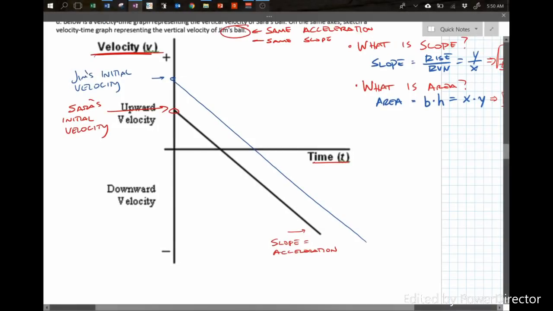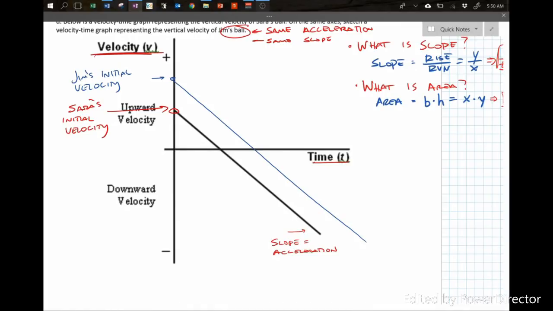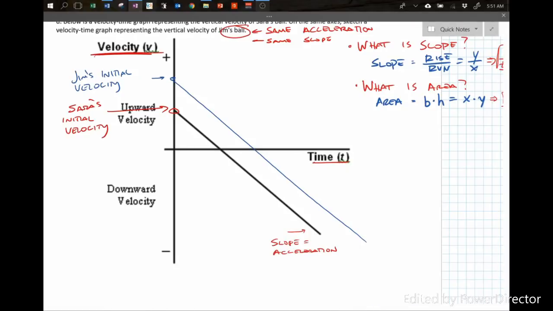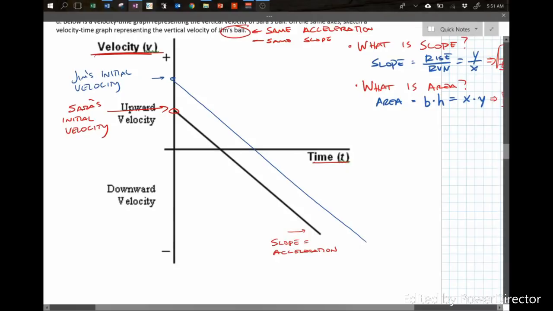Let's look at what this means for some of the questions that we've already answered. This is a good way of going through that. Part A wants to know at the highest point in their respective y directions, who has the greater vertical velocity? Well, at the highest point, that's the point where we're going to have the greatest positive displacement before we turn around and go back.